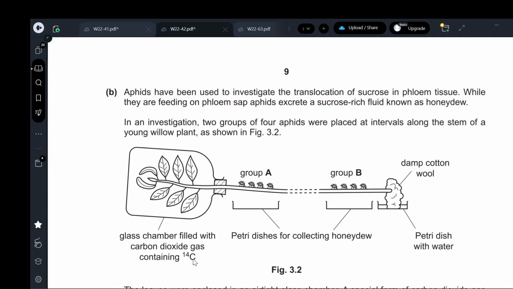It has a type of carbon called carbon 14, not the usual carbon. And he puts a group of aphids here and another group of aphids here. There is a petri dish to collect the honeydew. And here is a damp cotton petri dish with water.